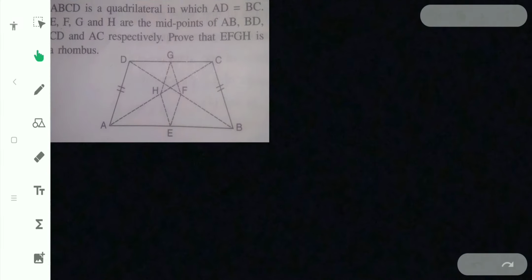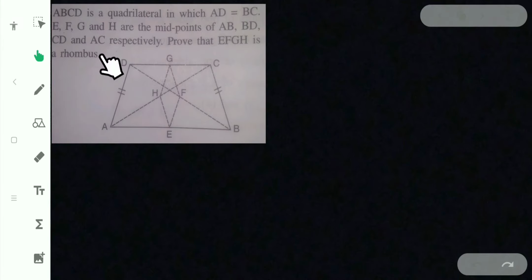Now you can see the diagram that's given in the question itself. ABCD is a quadrilateral in which AD is equal to BC.